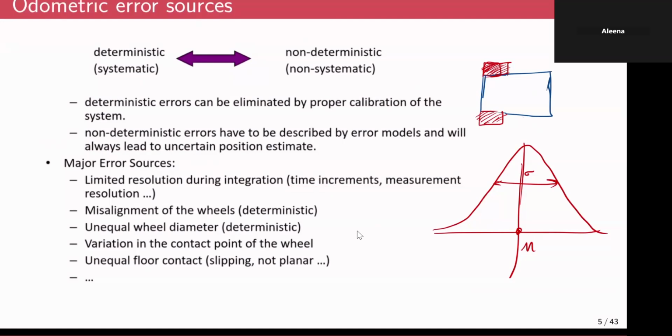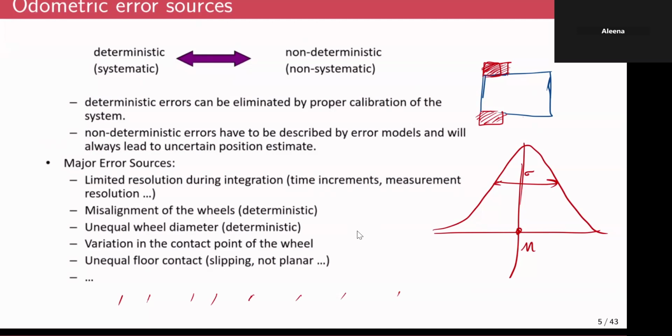We cannot refine this integration any higher than the sampling rate of the sensor, because the integration that we are talking about is a numerical integration, based on the sampling rate of the sensors.